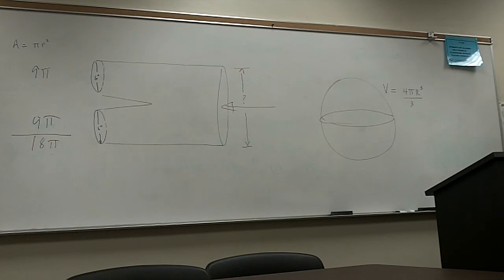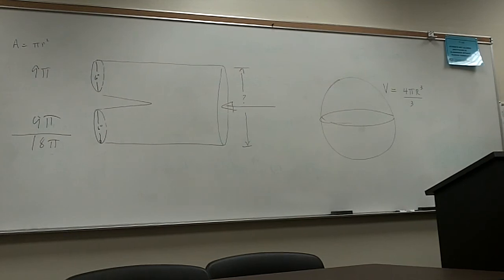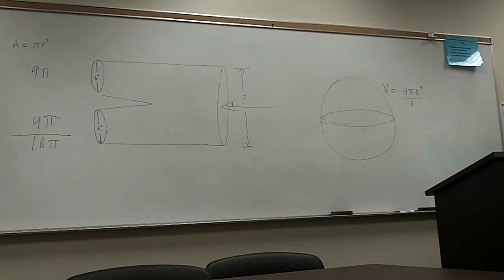The width and the height of the rectangle are the same, but the length is twice the width. So tell me what size rectangle you've made out of that silver once you smushed it.